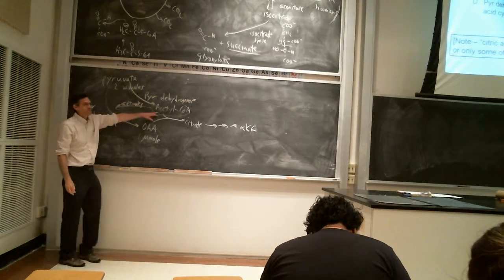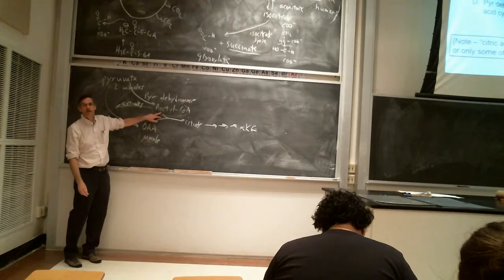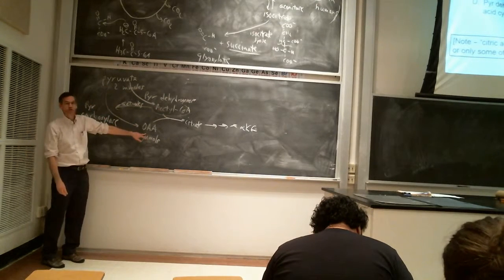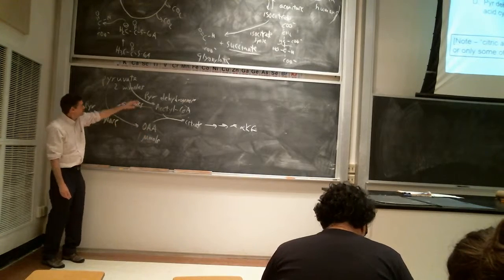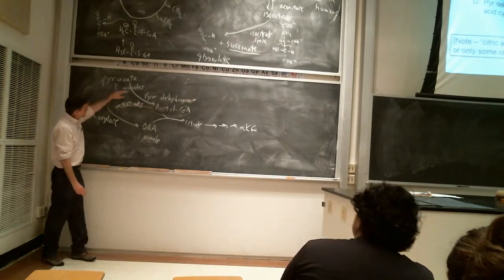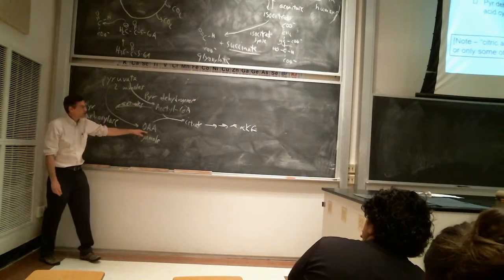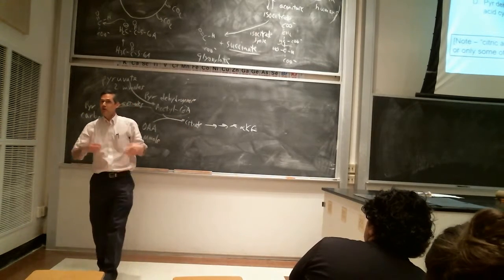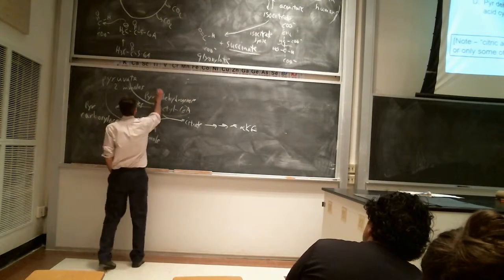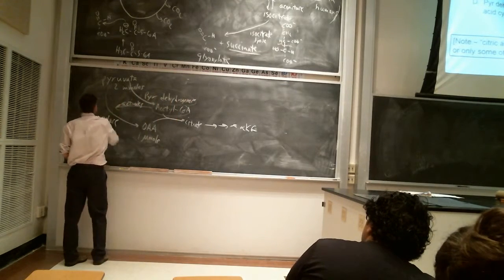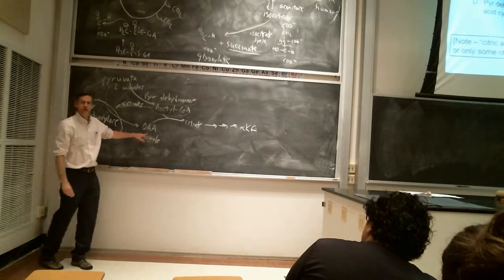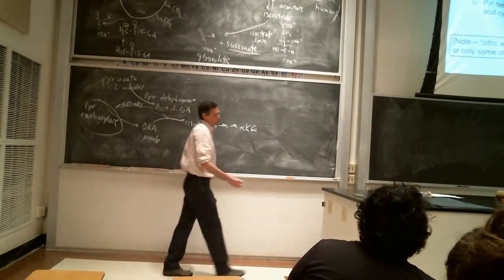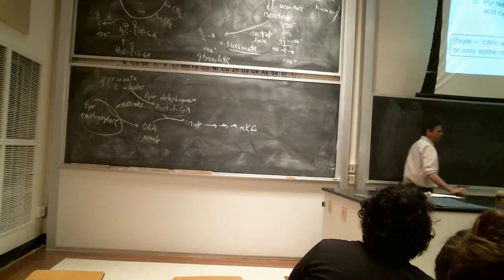So if the cell is making lots of acetyl-CoA and there's nothing for it to react with, the acetyl-CoA will stimulate some of the pyruvate to be used to make oxaloacetate. That will allow the acetyl-CoA to be converted to citrate. And so these two enzymes together will provide enough oxaloacetate to be able to make up the citrate.